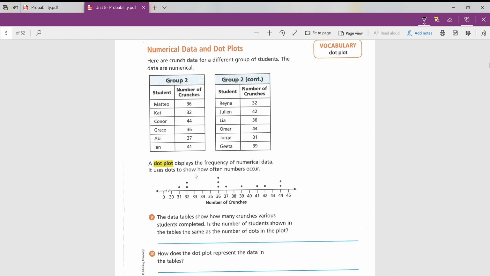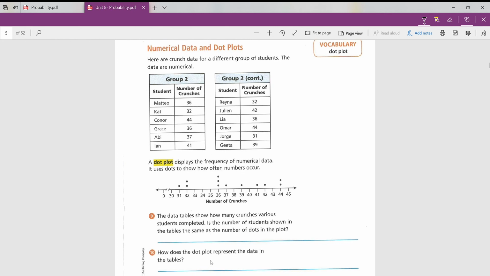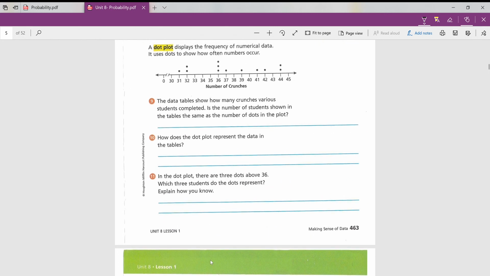As you can see, 36 here has the most dots. 31, 37, 39, 41, and 42 have the least amount of dots. They only have 1.